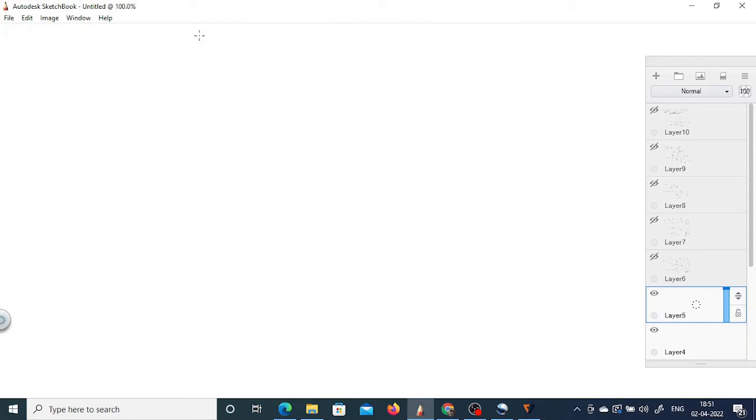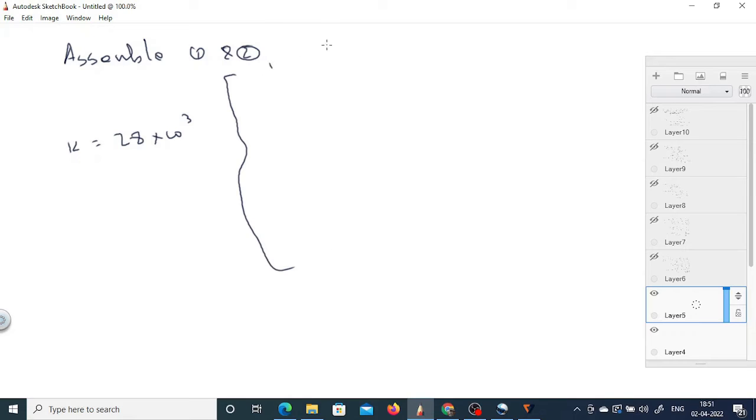Yes, in this step we assemble the first and second equations with each other. How do I assemble? In both I got the common 28 into 10 power 3. Now I can assemble by rewriting the 1, 2, 3, 4, 5, 6 columns.